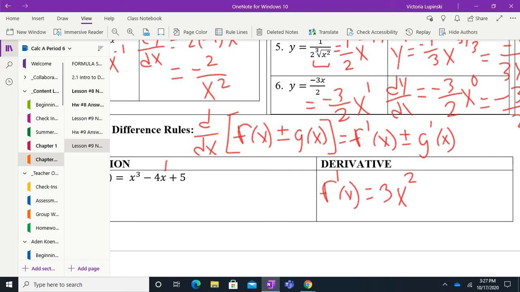Negative 4x: whenever you have just x to the first, the 1 less power is always going to be to the 0. So the derivative of anything times just x is whatever the constant is, which in this case would be negative 4. The derivative of the constant 5 is just 0. So your answer is 3x squared minus 4. It's basically just like doing the examples that we just did, but all in the same problem.